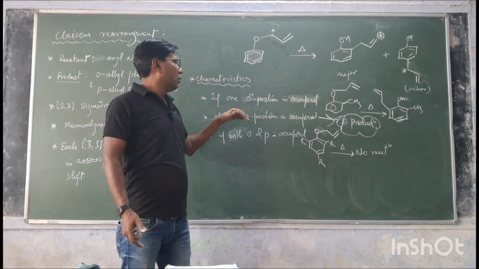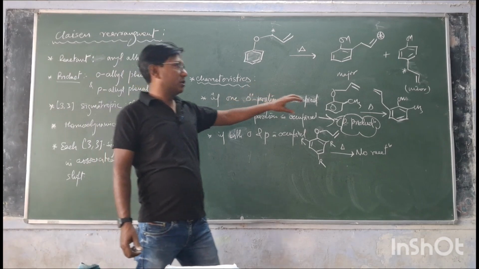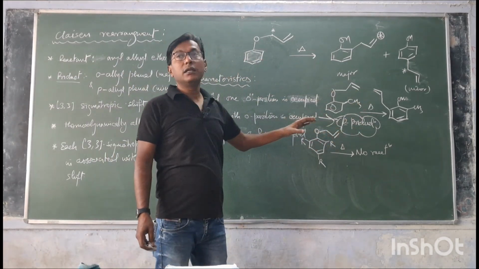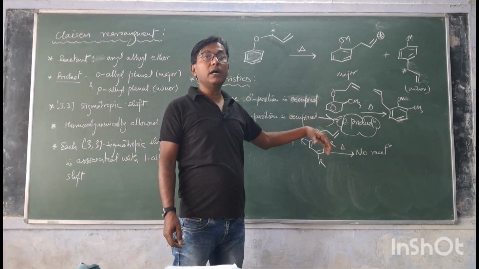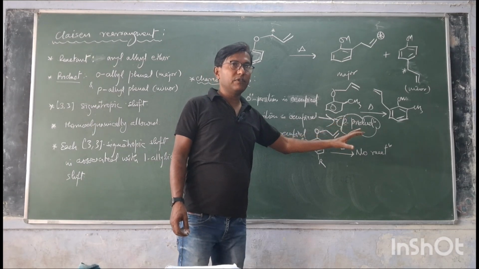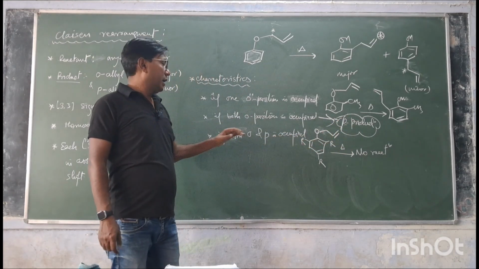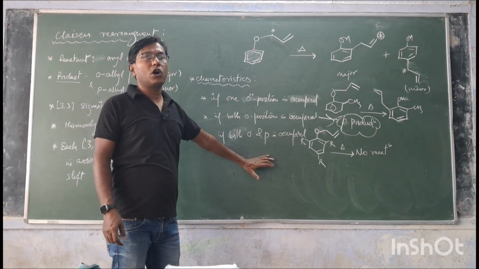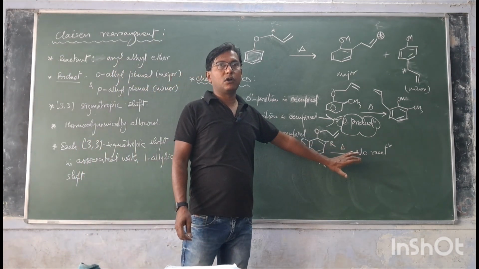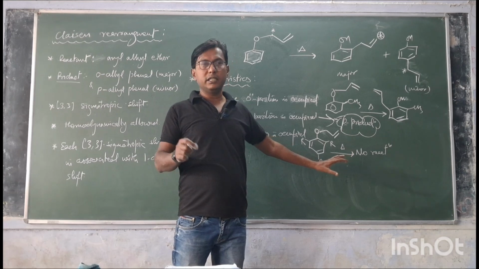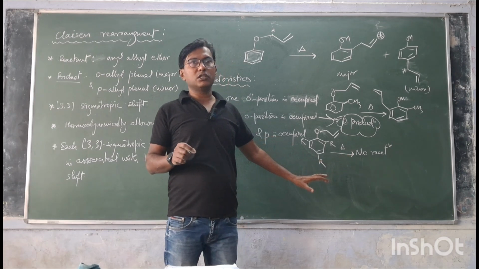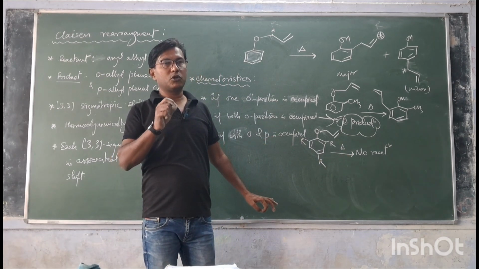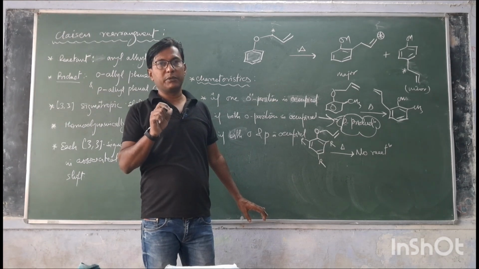Then if both of the ortho positions are blocked, the reaction will go toward a para product. Easily it will form a para product. And if both ortho as well as para are blocked, then the reaction will never occur, since, seeing the mechanism, there is no chance of any 3,3 sigmatropic shift involving the meta position.